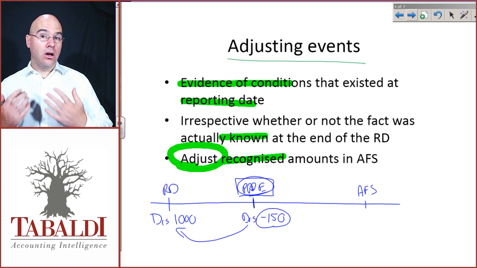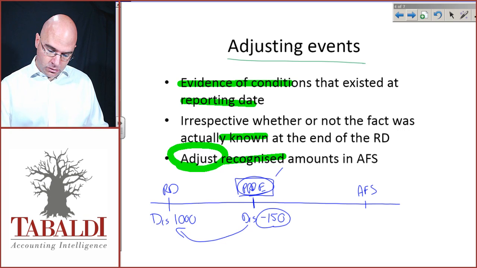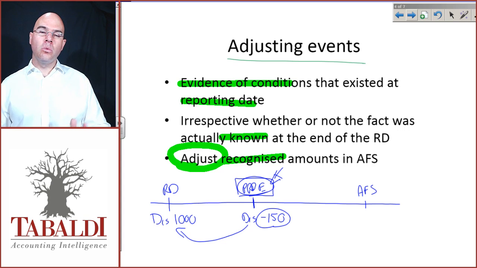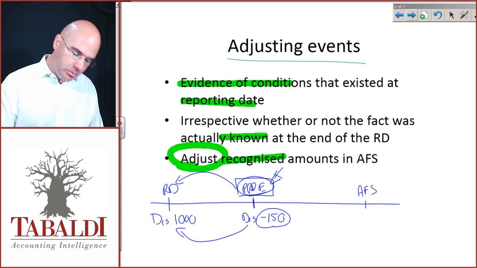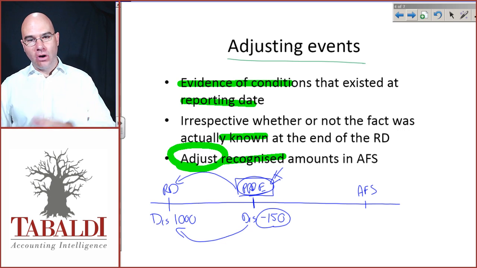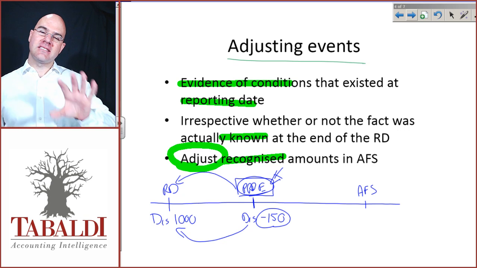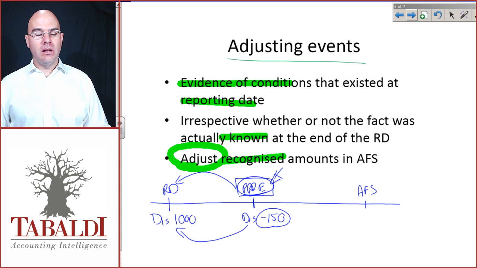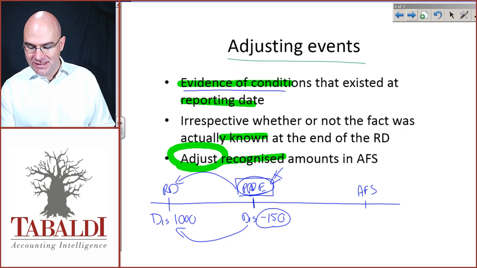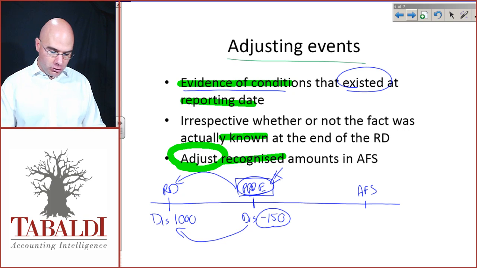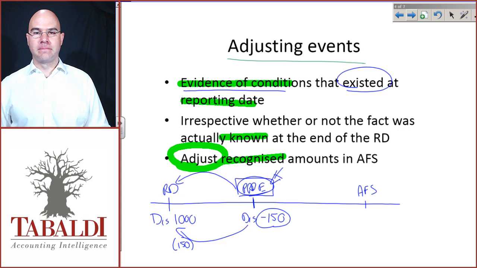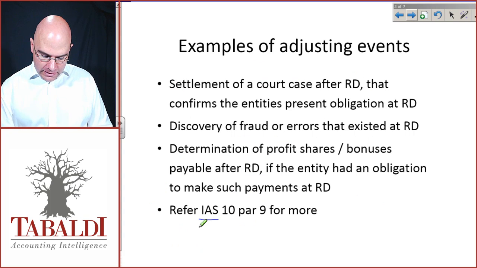We find out that it was via the news that you became aware of your client being liquidated. But this scenario was already in existence at reporting date, i.e., once the information came out after year end, it was clear that the customer was already insolvent before your reporting date. Well, that is clearly evidence of conditions that existed at reporting date, and therefore you will adjust the 1,000 down by 150.